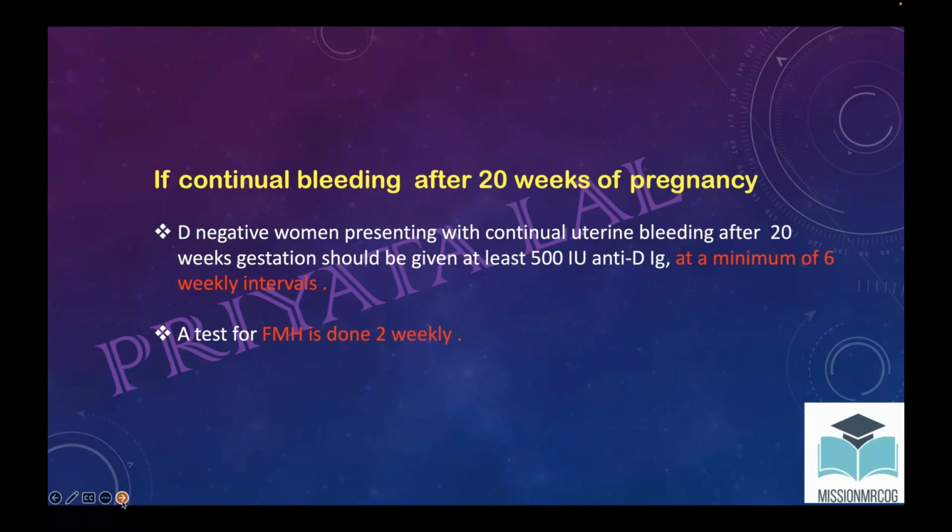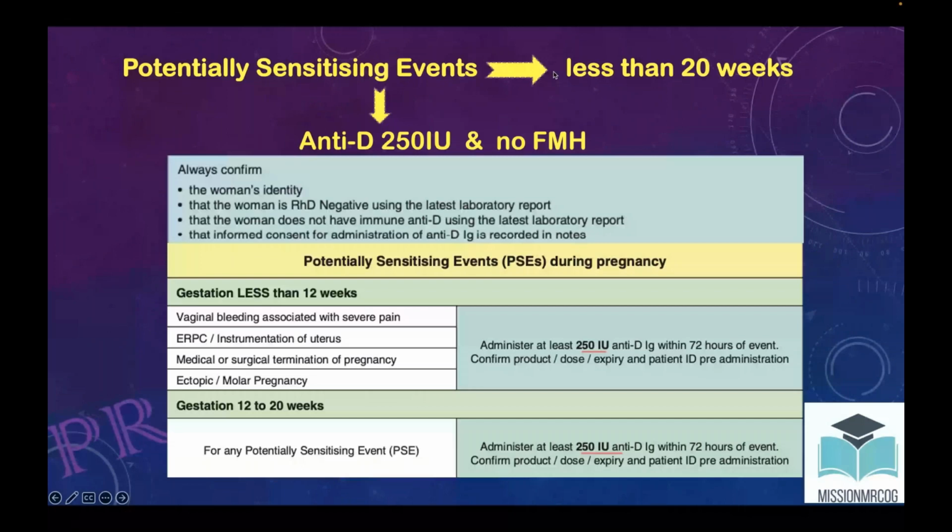Now this is the summary. So potentially sensitizing events, if it is less than 20 weeks, then NTD dose we are giving 250 and no FMH. Before we give NTD to any woman, we have to always confirm the woman's identity, and we have to confirm the RH negative. We have to know whether the patient has ever received previous NTD or not.